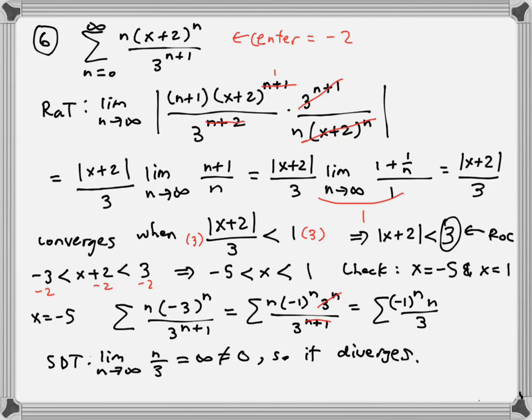Okay. Now let's try x equals 1. If you plug in x equals 1 into there, you end up with n times 3 to the n over 3 to the n plus 1, which is just n over 3.